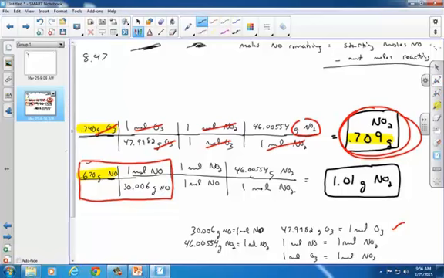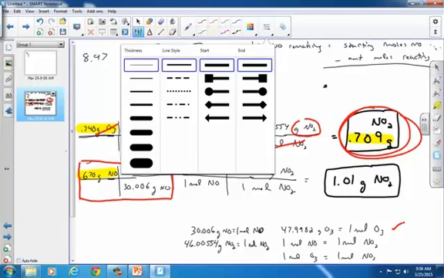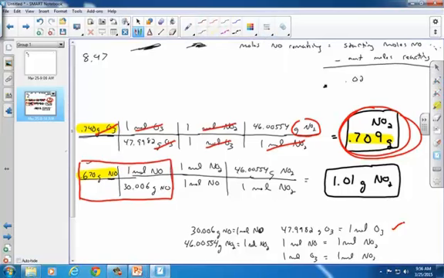That gives me 0.0223 moles of NO to begin with. How do I figure out how much NO is actually going to react? It's not going to be the whole thing.